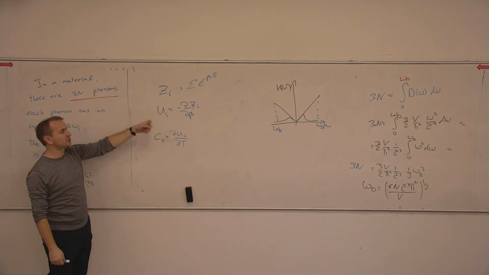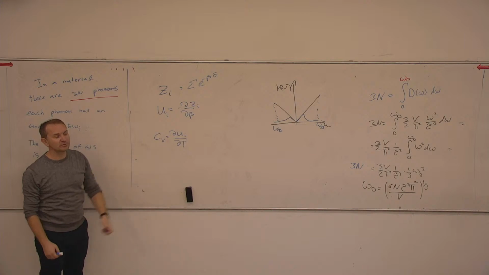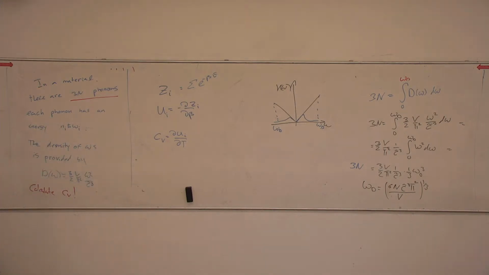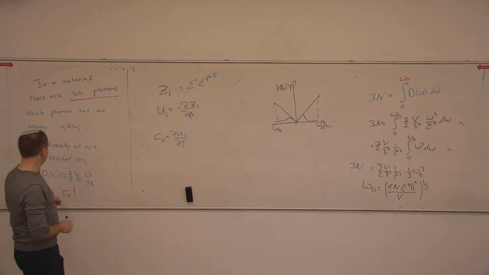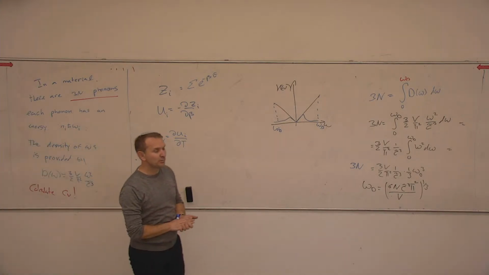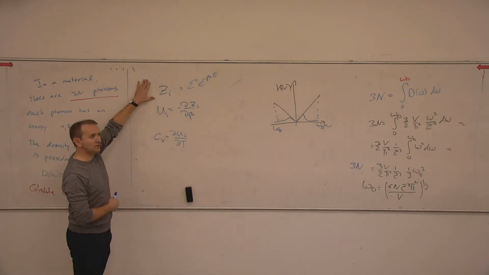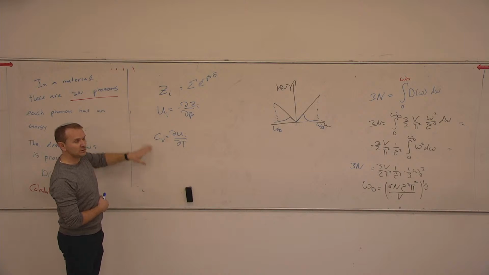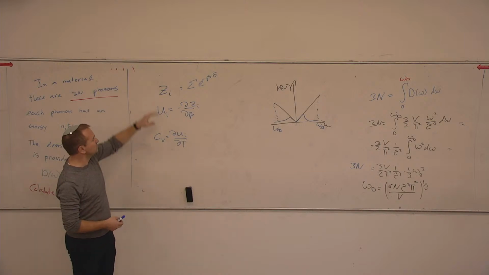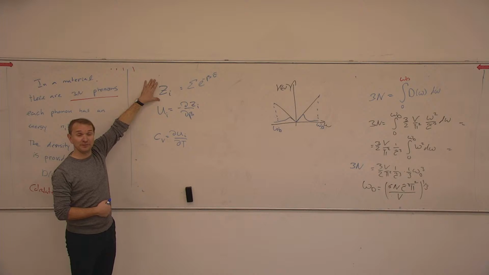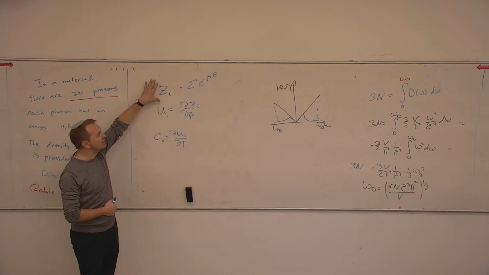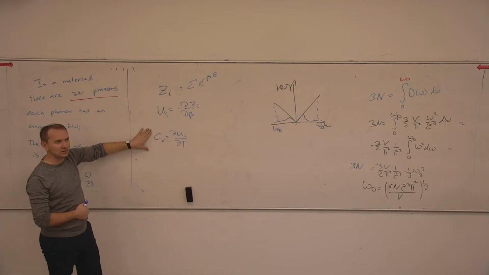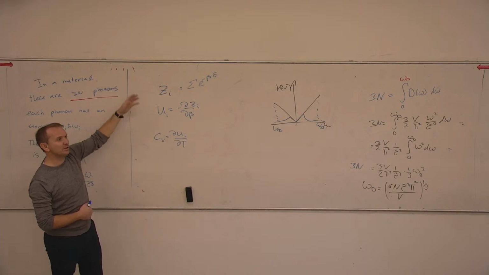So if I had one simple particle, I would calculate the partition function, then take the derivative with respect to beta, then the derivative with respect to temperature, and I would get my specific heat. The problem is that I have a lot of different omegas. So what we have done so far: the moment that we have factorization, the moment that we have independence, we do it for each and every particle, and then we sum everything up.